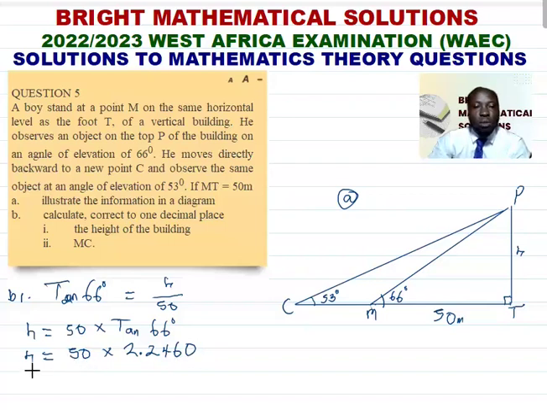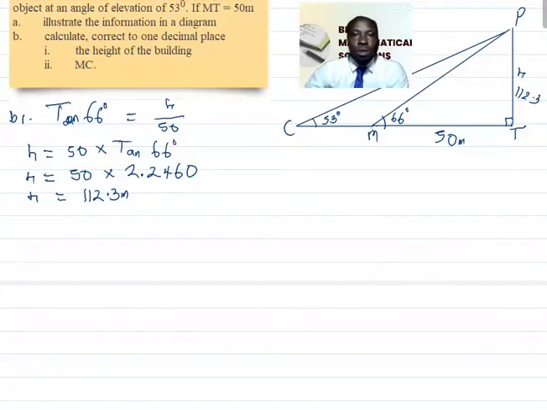So by the time you multiply, your h equals 112.3 meters. So what we have here is 112.3 meters.